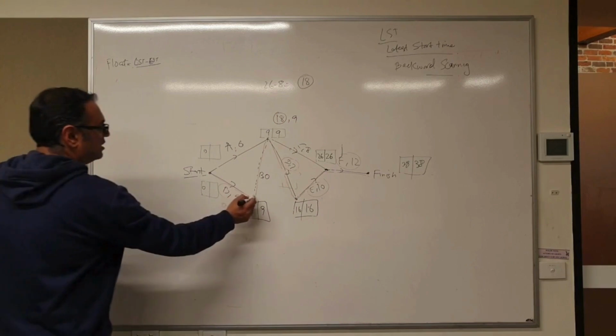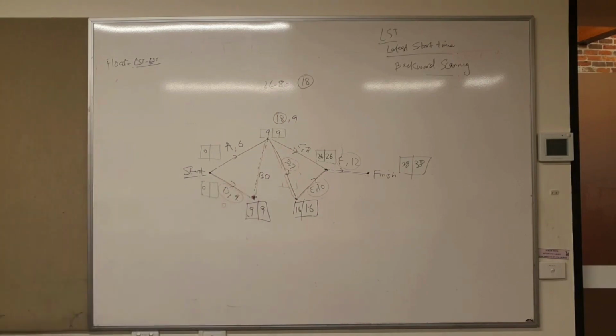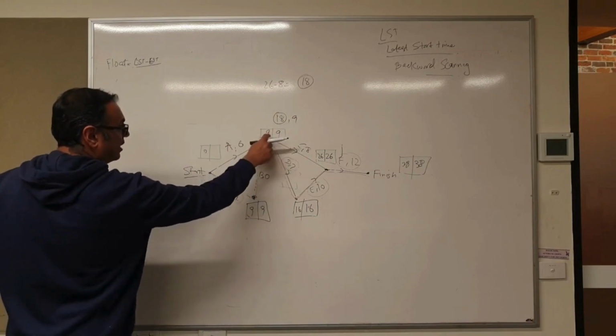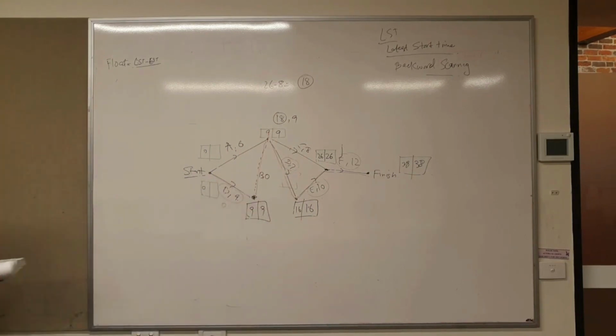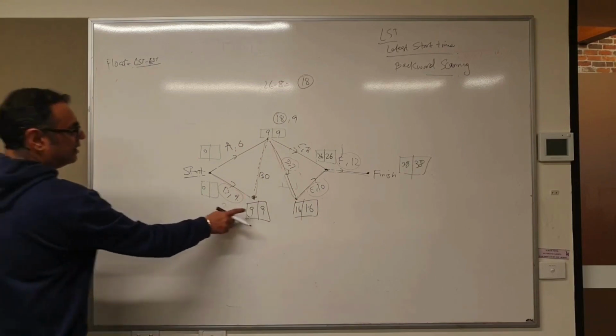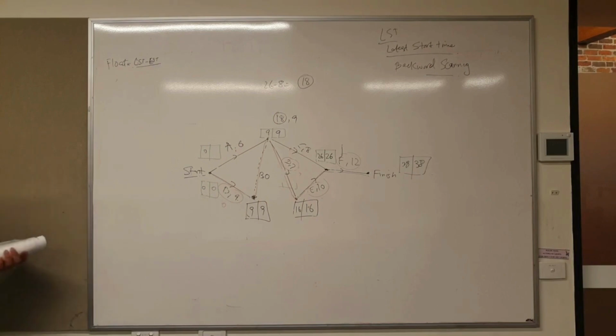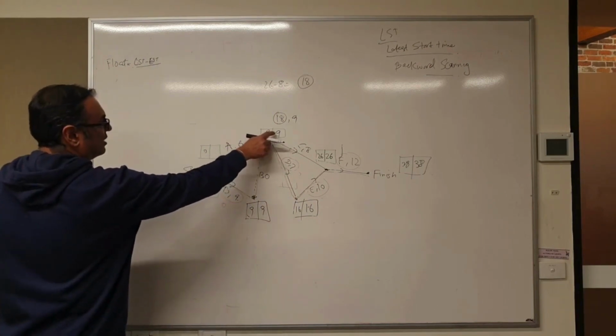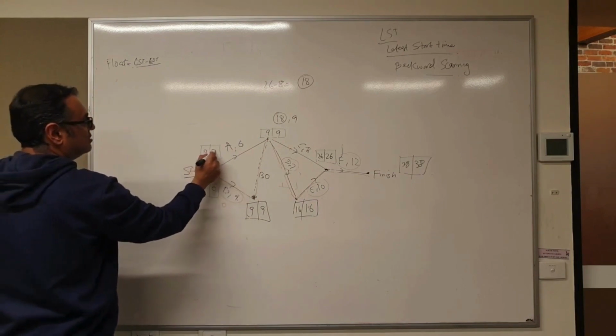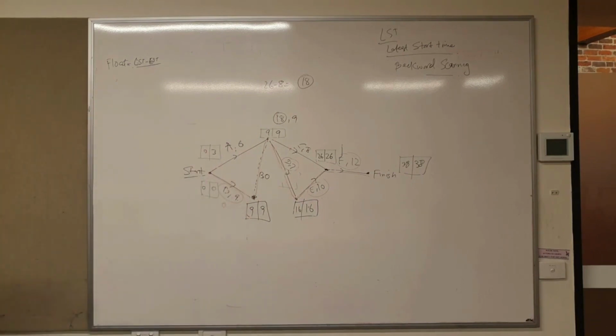I forgot to draw the LST here, the EST LST box here. So from 0, 9, 9, and from 9, 0, 9. And then 9 minus 9 is 0. And we were here, 9 minus 6 is 3. Now I've filled all the boxes.